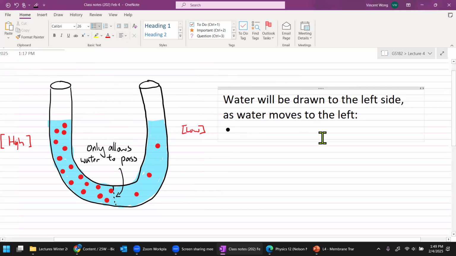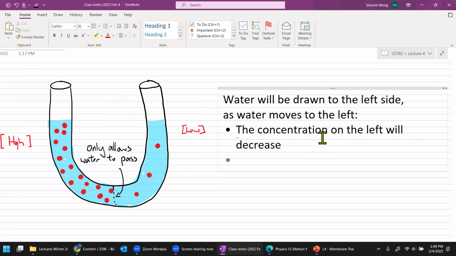Tell me, as water moves to the left, what's going to happen to the concentration here? Is it going to go up or down? Down. You're diluting it, right? So the concentration on the left will decrease.